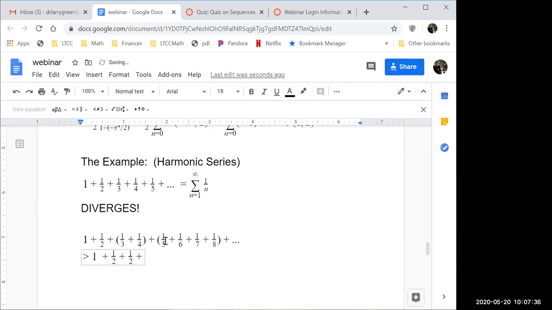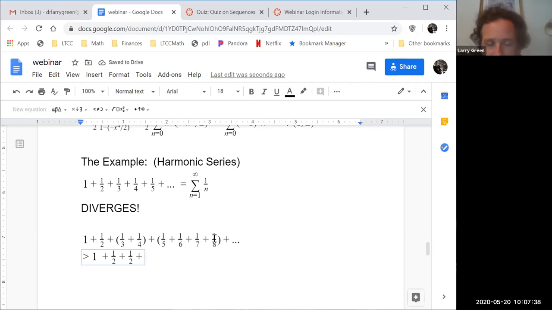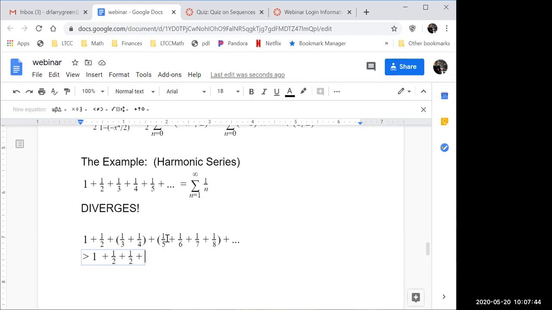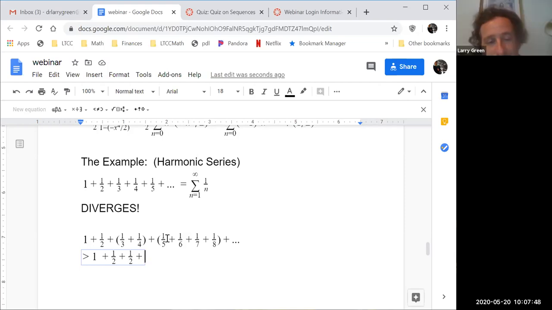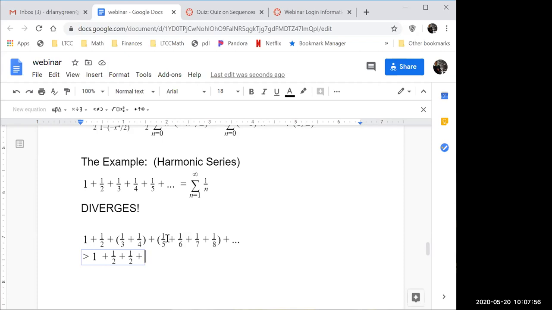Okay, well, now we can look at a fifth plus a sixth plus a seventh plus an eighth. They're all at least as big as an eighth. Do you agree? There's 4 of them. So if you take something that's at least as big as an eighth plus an eighth plus an eighth plus an eighth, then it's at least as big as a half.